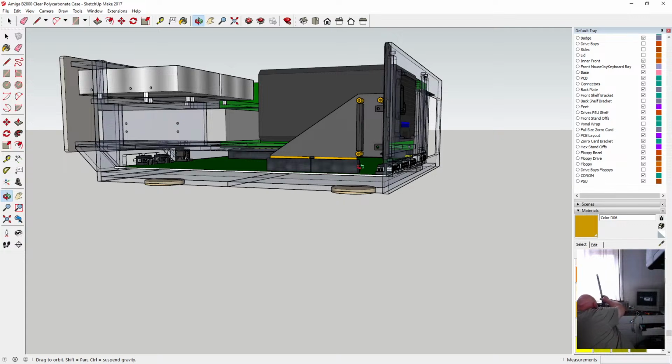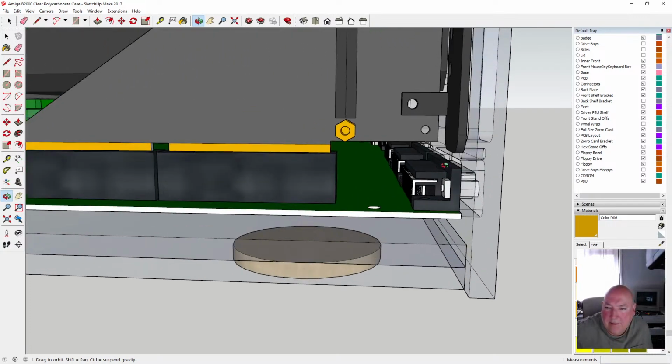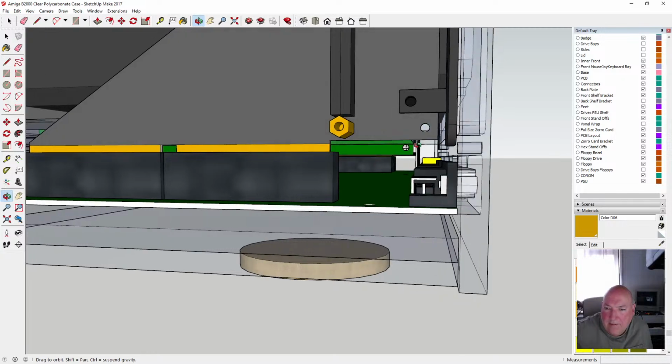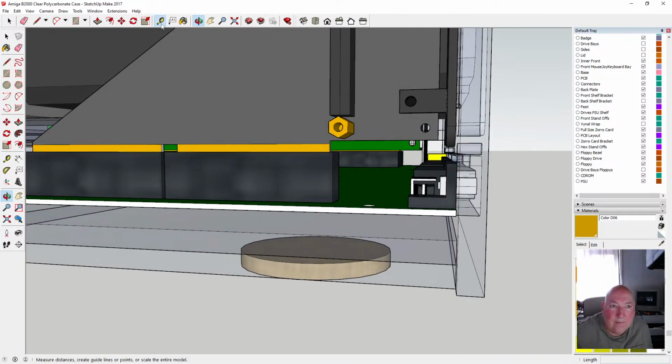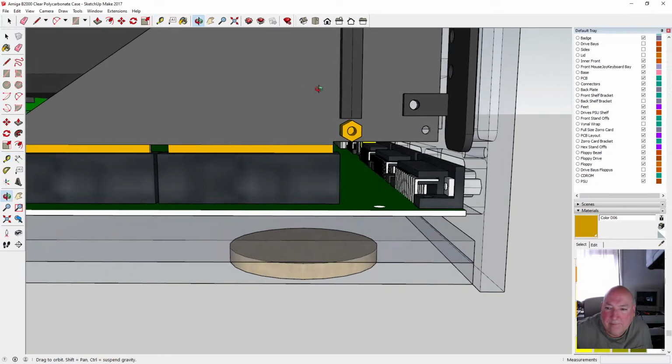Difficult to say now because I've... It's looking like it's 20... 23.5, so it should be 23.5 from the PCB to the top of the slot. So let's try and measure it. Right, it's not easy to measure it.